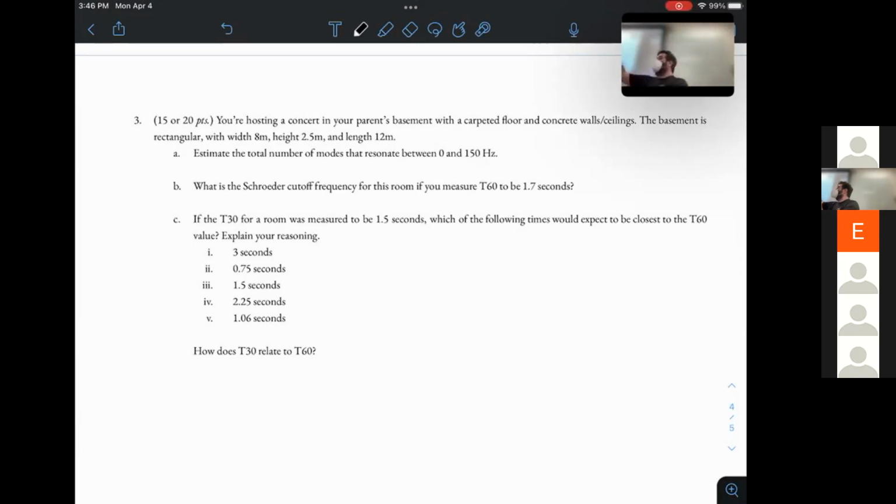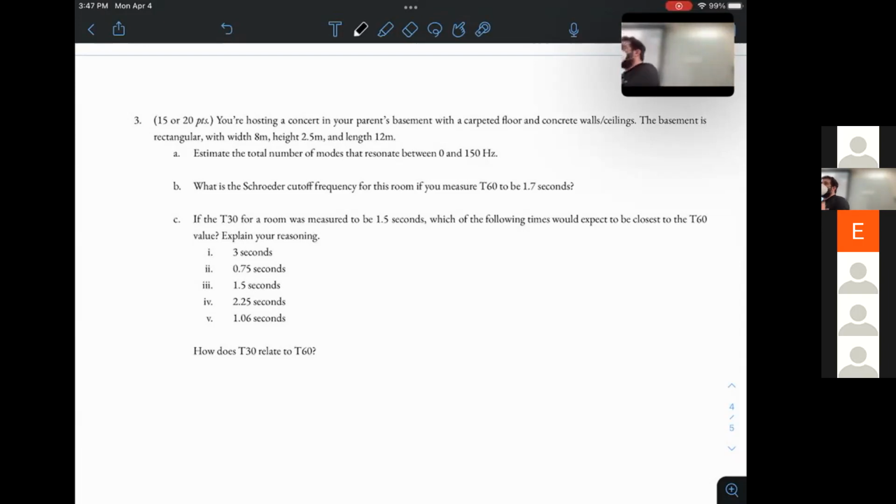If I have 60 dB of dynamic range, right? If the noise in the room is low enough to where I can excite it with something 60 dB above the noise, then I can use T60 and I'm fine. I don't have to think about T30. What T30 is for is, say, it's noisy like it is in this room, actually, right?